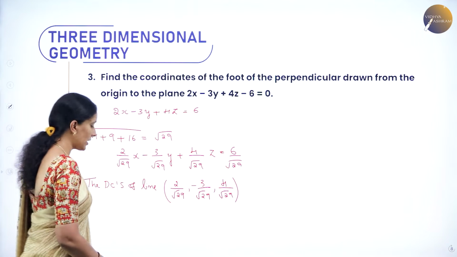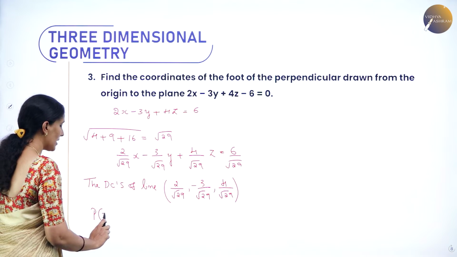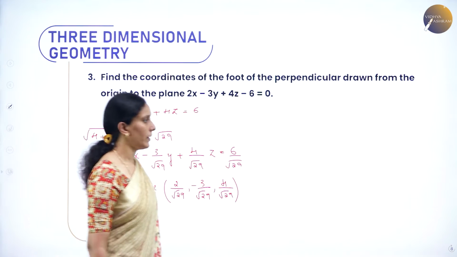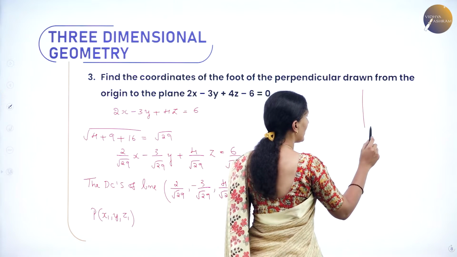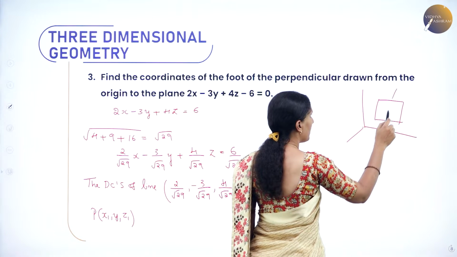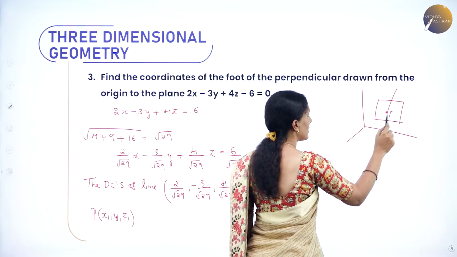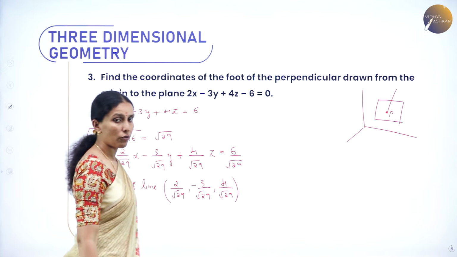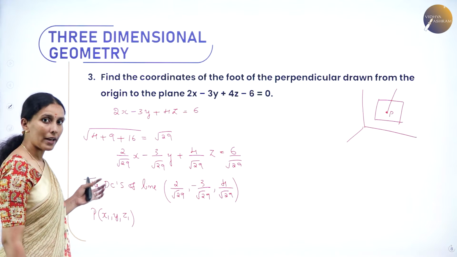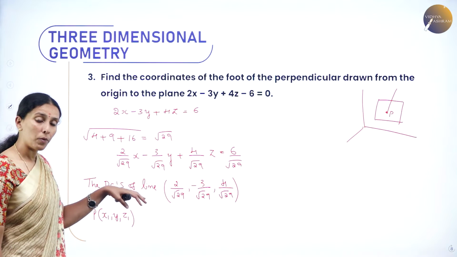Now suppose I take point P as x1, comma, y1, comma, z1, which is the foot of the perpendicular. Suppose we have a plane and a perpendicular line passing through it, and this is the point P, the foot of the perpendicular. We know that the direction ratios or direction cosines of the lines are proportional.